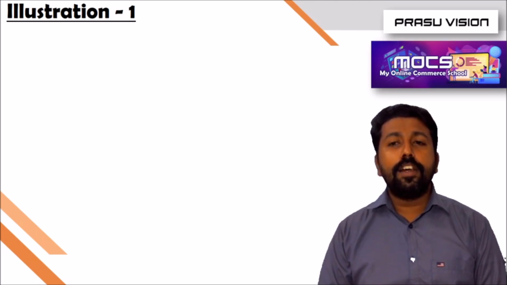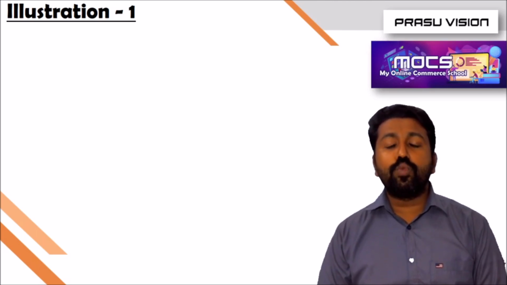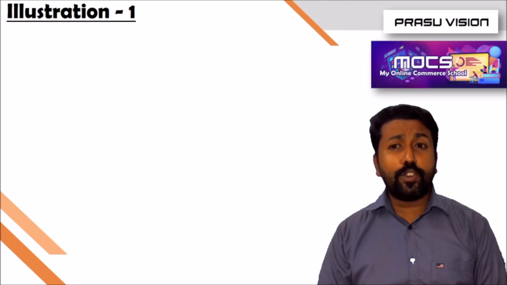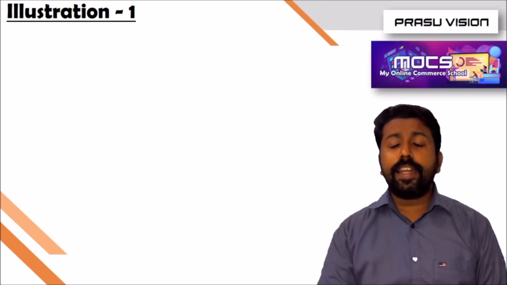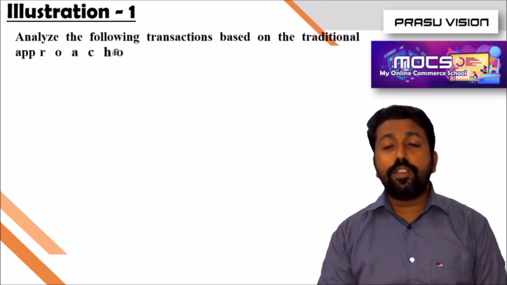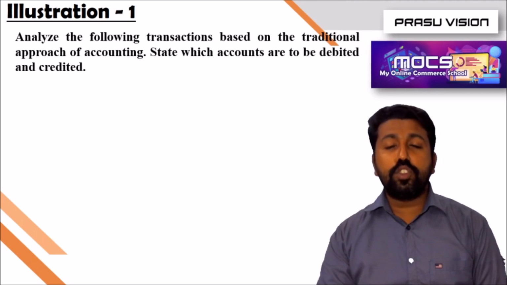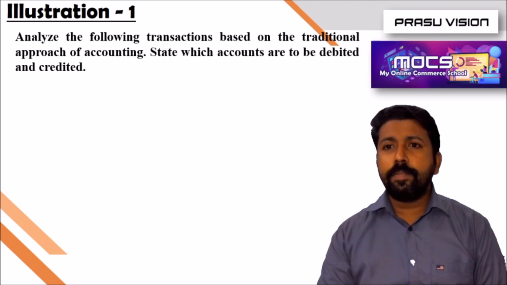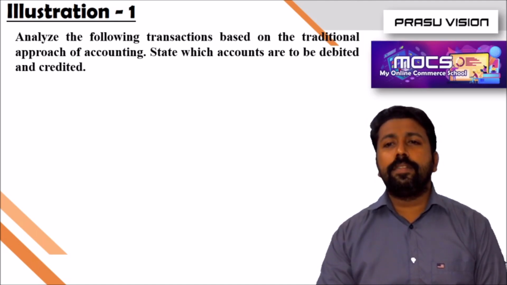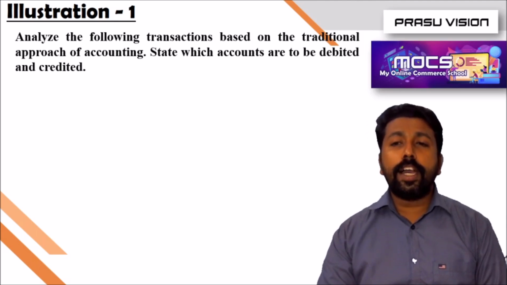And remember, the rules of debit and credit are very important. Here we are going to analyze each and every transaction based on the traditional approach of rules of debit and credit. Also a very important point: in every transaction there will be two accounts.